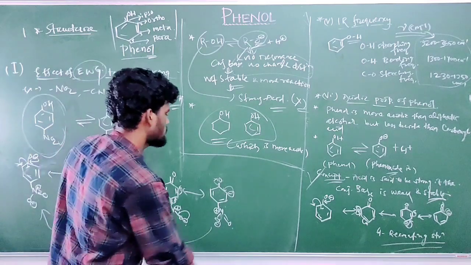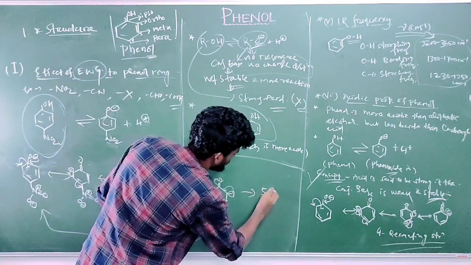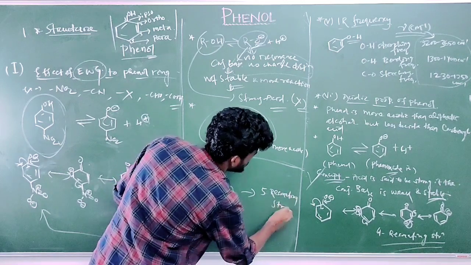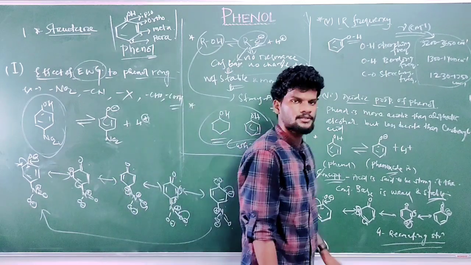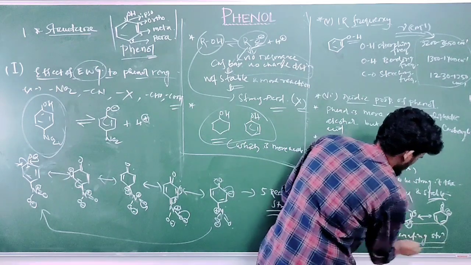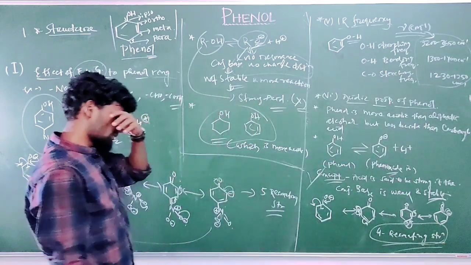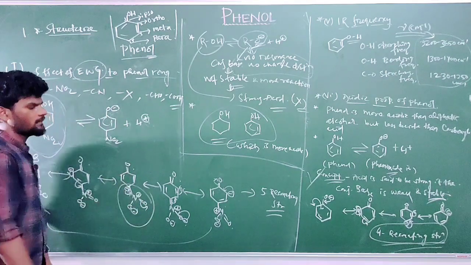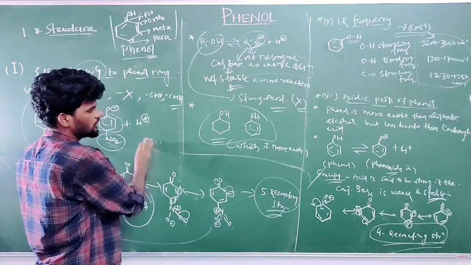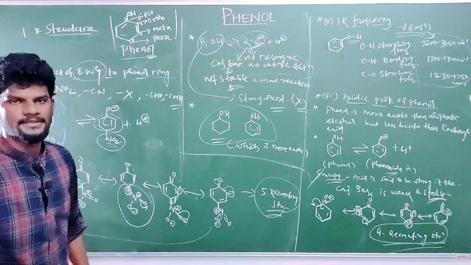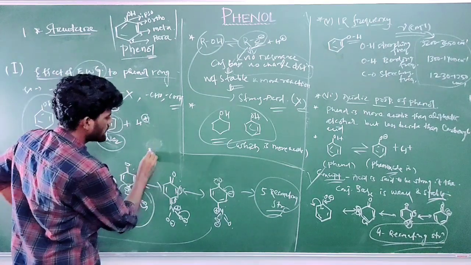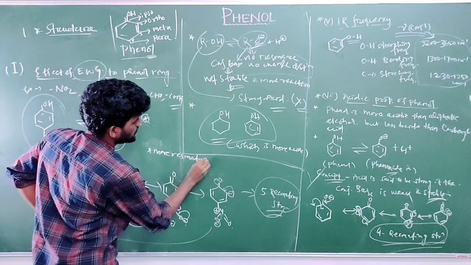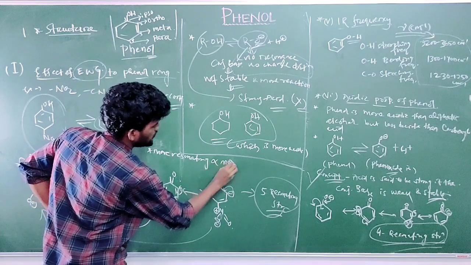How many resonating structures? 5 resonating structures. But in the case of phenol, how many are there? 4 resonating structures. One extra resonating structure is present because of the nitro group. According to the concept, the more the resonating structures, the more the acidity; it is directly proportional.